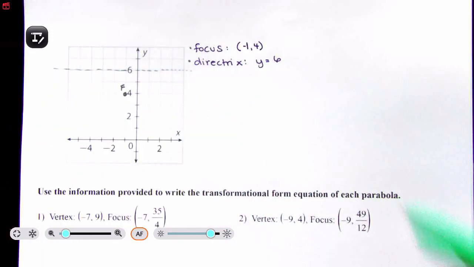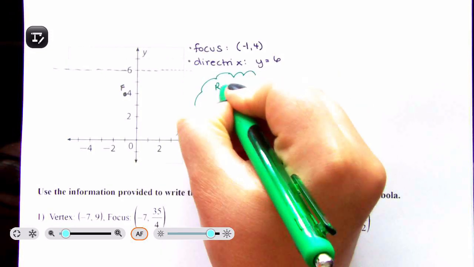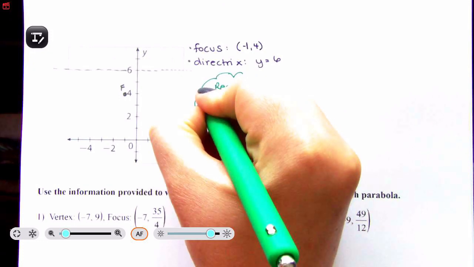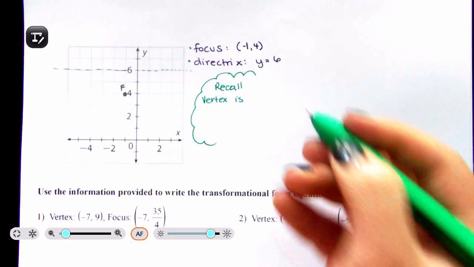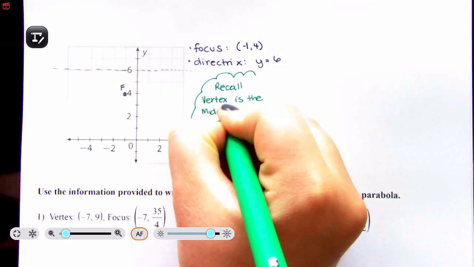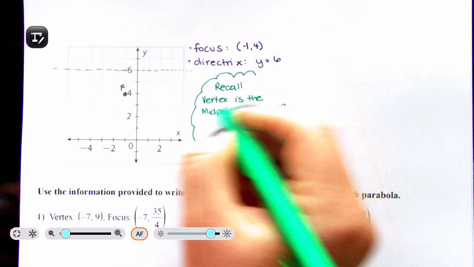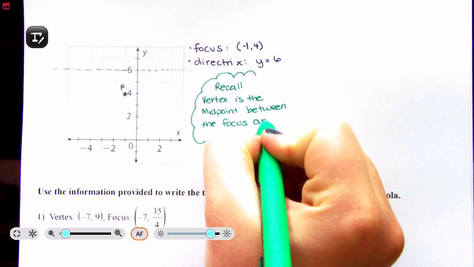So here's a thinking bubble situation. You need to recall that your vertex is the midpoint between the focus and the directrix.